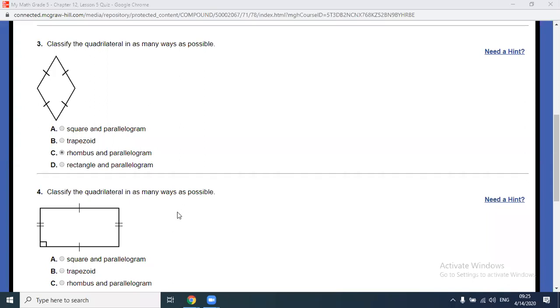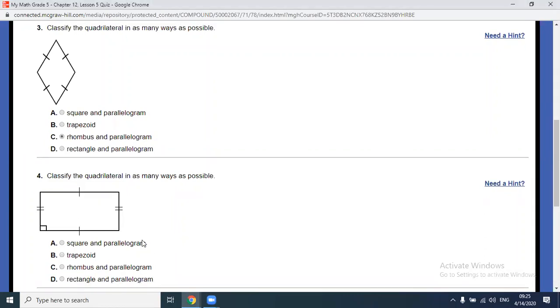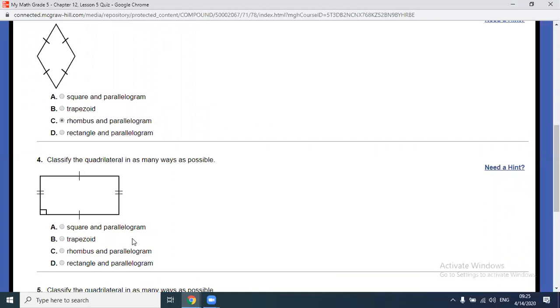So what is the difference between them? Who can tell me? Are all the sides equal here, or only the opposite sides equal? The opposite sides, right? So, square or rectangle? Rectangle. Yes, excellent.